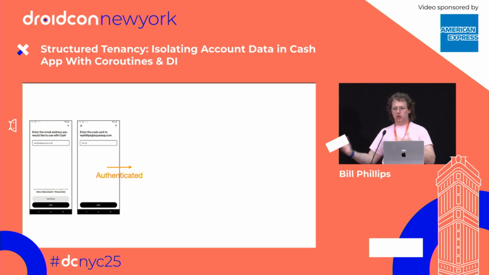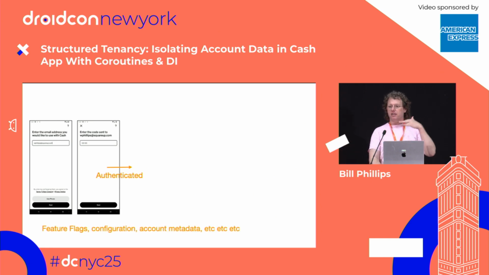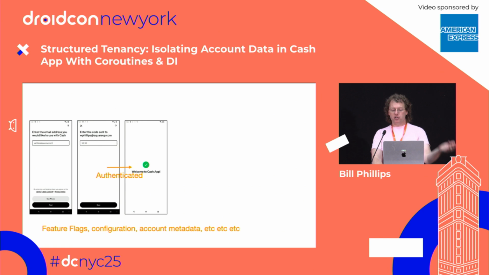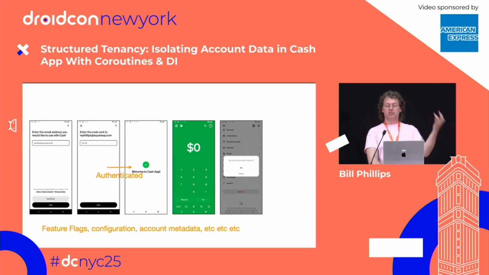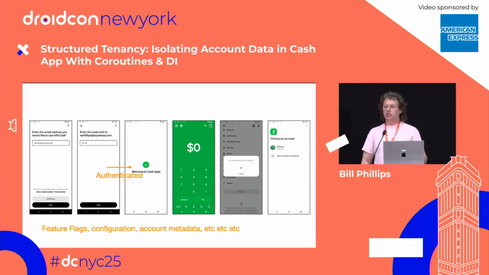So we've had a session token this whole time, but once your session token is authenticated, you can do things like query feature flags, get configuration information, account metadata, all that kind of stuff, right? And then you go on and continue in the onboarding flow, and you eventually get into the app. Later on, if you want to sign out, you go to the settings page, you hit the sign out button, you hit OK, and then you go back to the beginning in this selector that lets you select the account that you previously signed into.